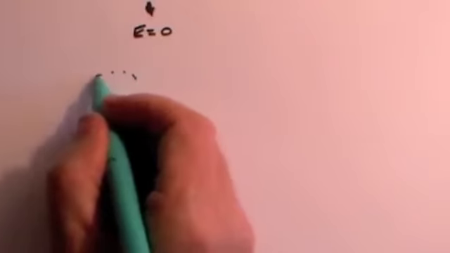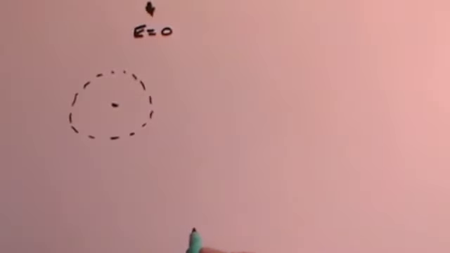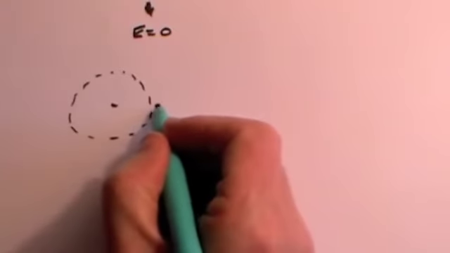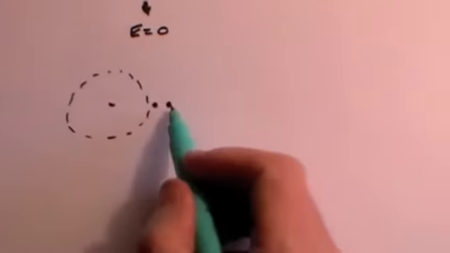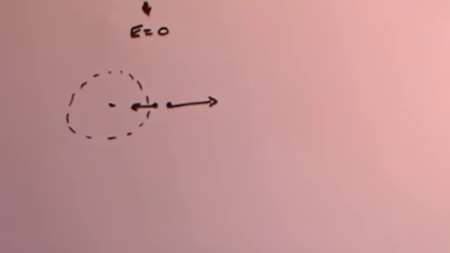Now, suppose that happens. Here is my black hole, it's the singularity, and here's the Schwarzschild radius around the singularity. And suppose a quantum fluctuation happens here, outside the Schwarzschild radius, and two particles appear, matter and antimatter. And this particle flies off in this direction, and this particle flies off in this direction.